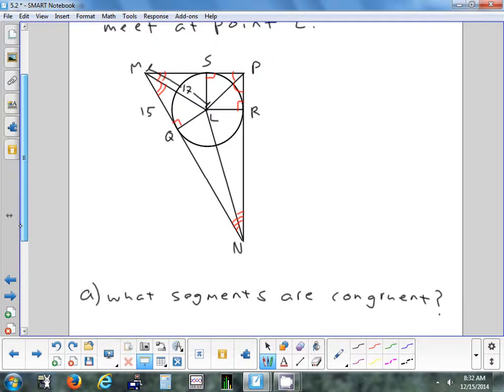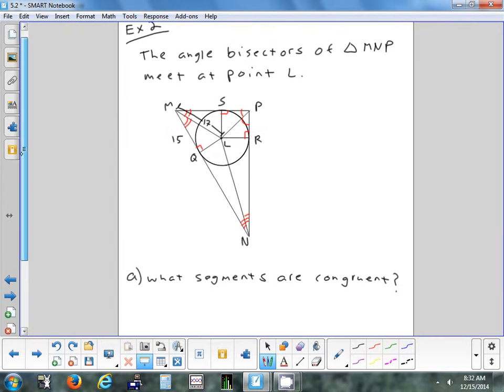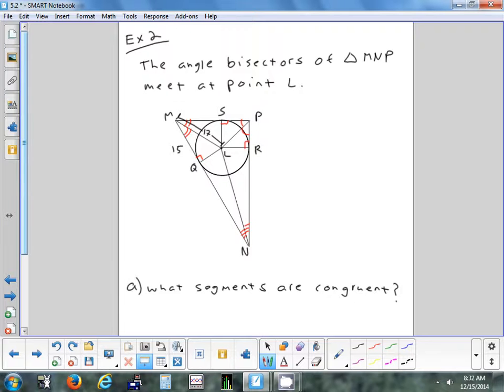Okay, so in this one, I want to know which segments are congruent. In that diagram, which segments are congruent? First, looking at point L, what's the name of that? Is that your incenter, or is that your circumcenter? That's the incenter.